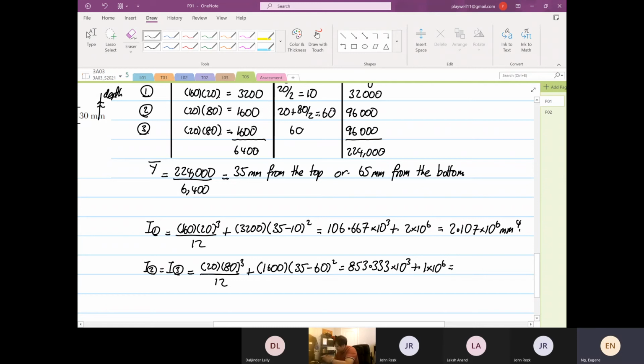So this is 853.333 times 10 to the power 3 plus 1 times 10 to the power 6 is equal to 1.853 times 10 to the power 6 millimeters to the power 4. Okay, so let me do it again.